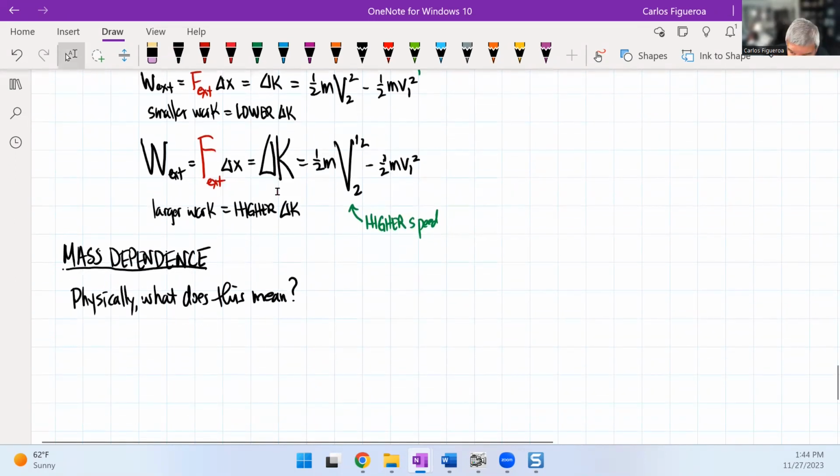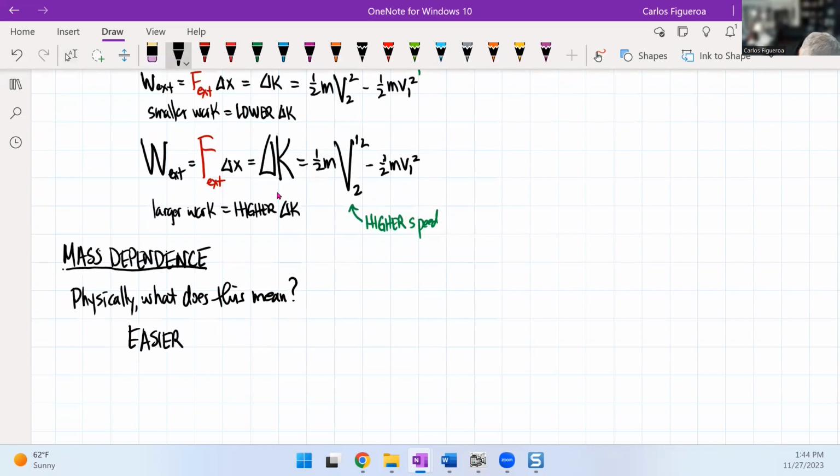Well, physically, we say that it's going to be easier to make a car go fast.